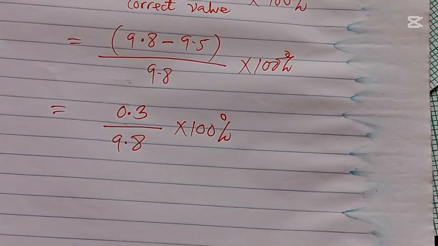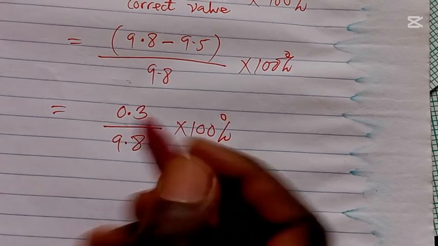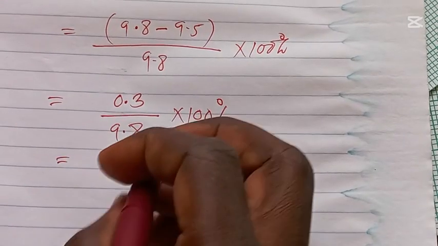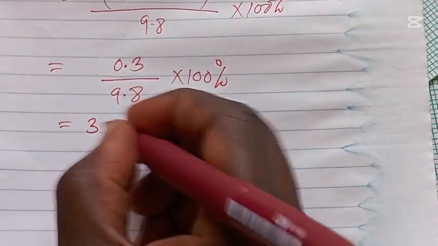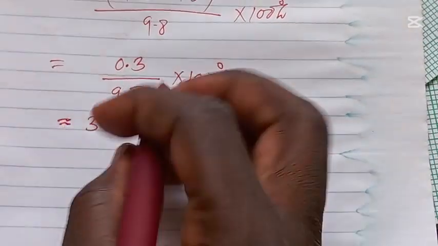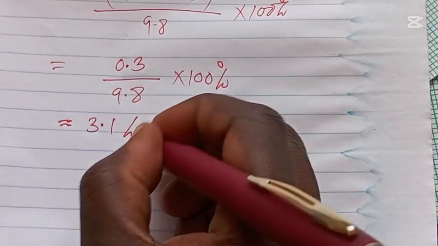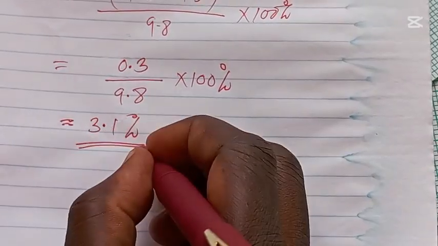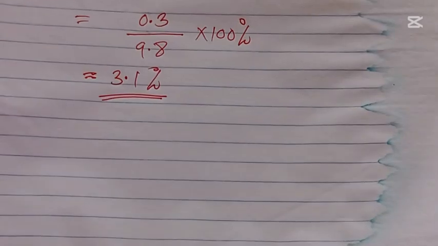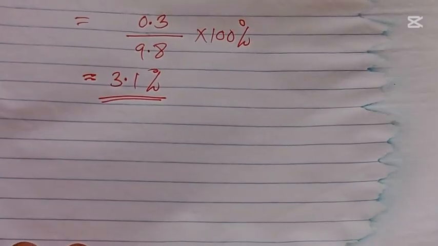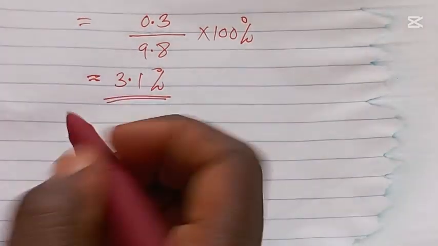So 0.3 divided by 9.8. Okay, if I multiply this by 100, then my percentage error is approximately 3.1%. Okay, this is the percentage error in determining my g.